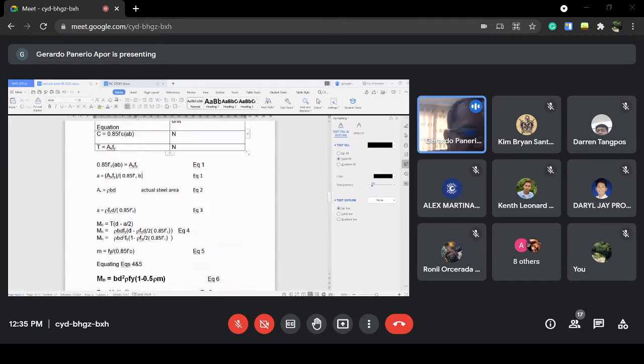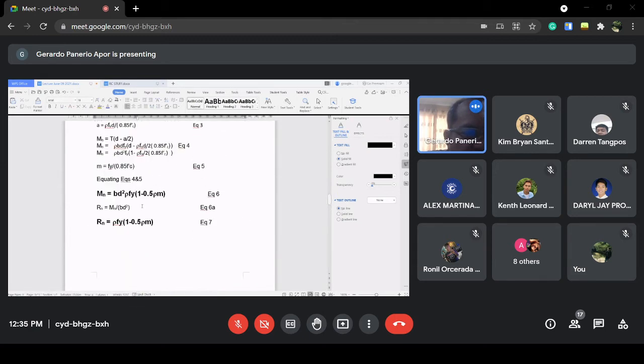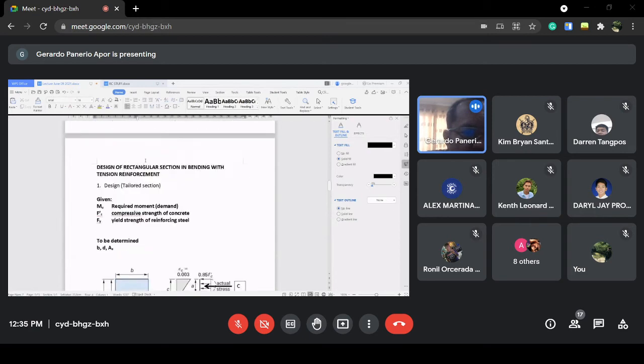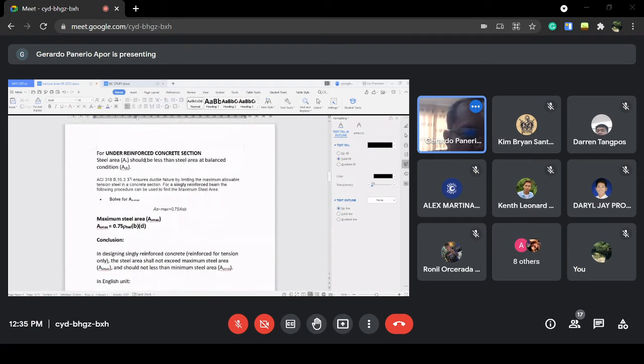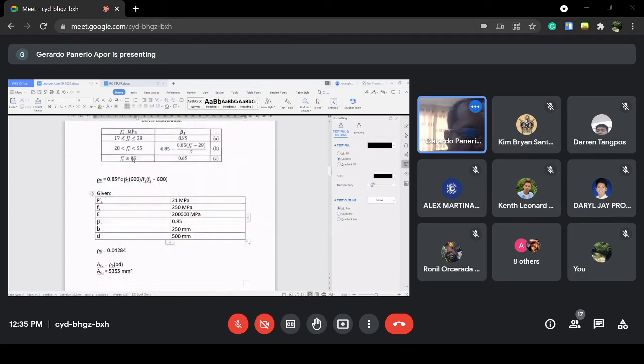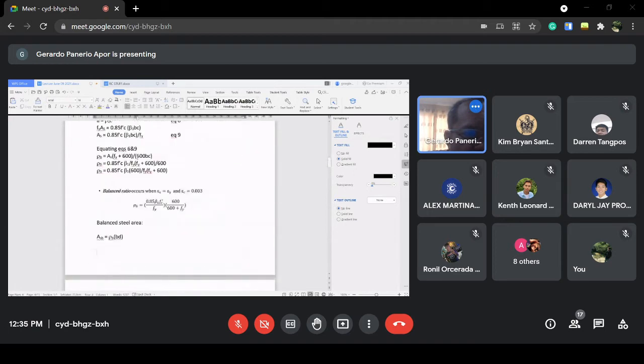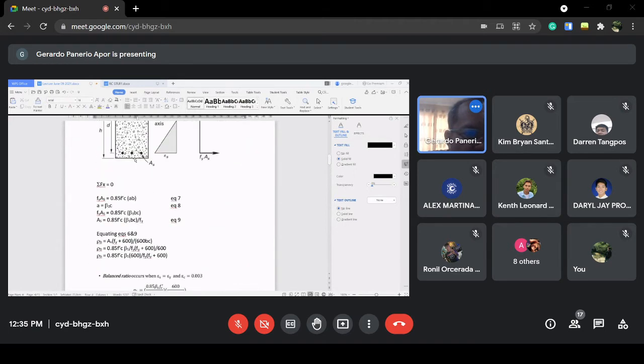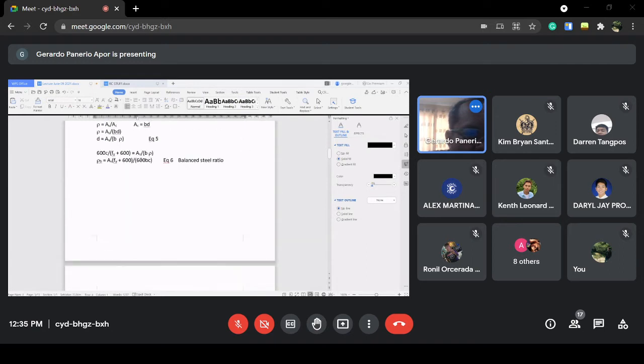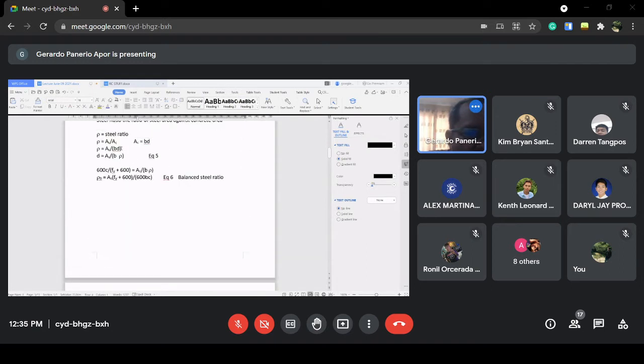Ang equation sa rho actually, this one: As over bd.